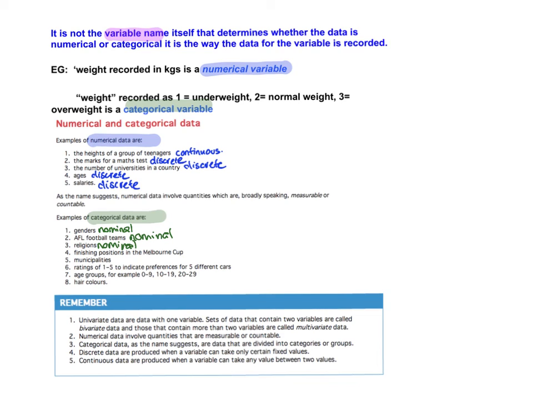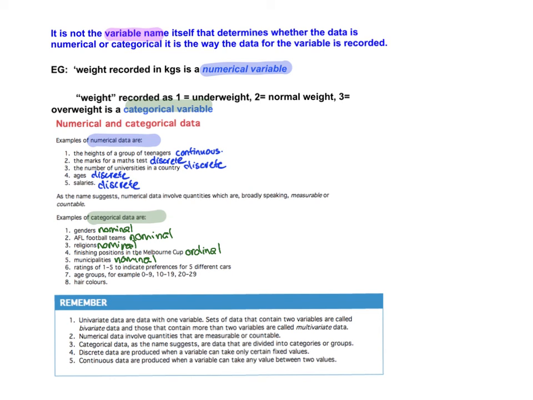Finishing positions in a Melbourne Cup, like I was saying, that one is categorical but ordinal. Municipalities, like Moonee Valley, that's actually nominal.